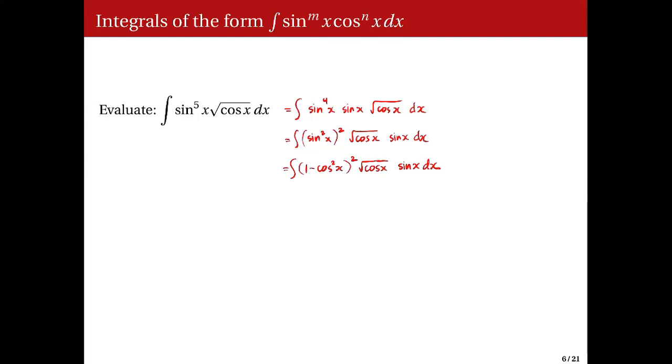And then from here, again, you can now have u equals cosine x, du is negative sine x dx. Therefore, we will have negative integral of 1 minus u squared, squared. And then instead of square root of cosine x, you'll have square root of u, but I'm going to write it as u raised to 1/2. And then you have the du.